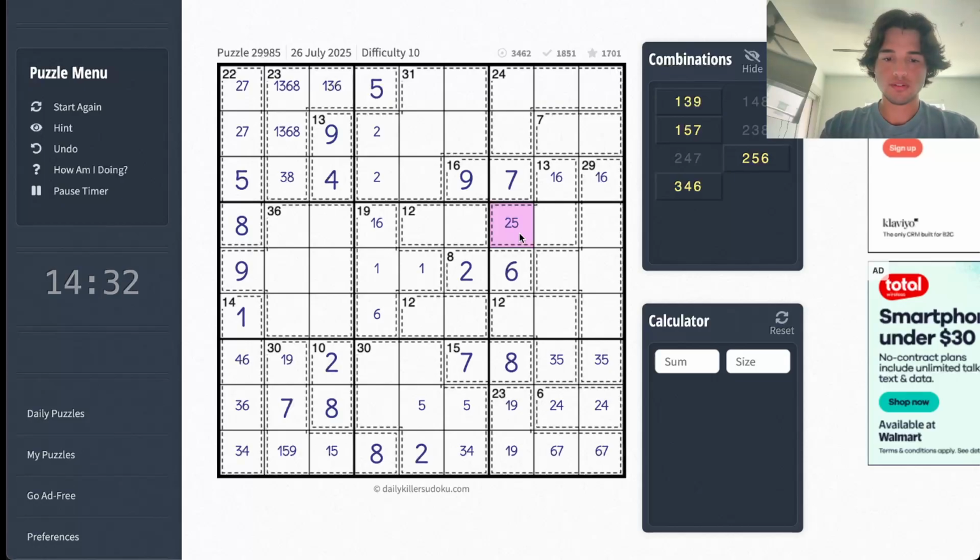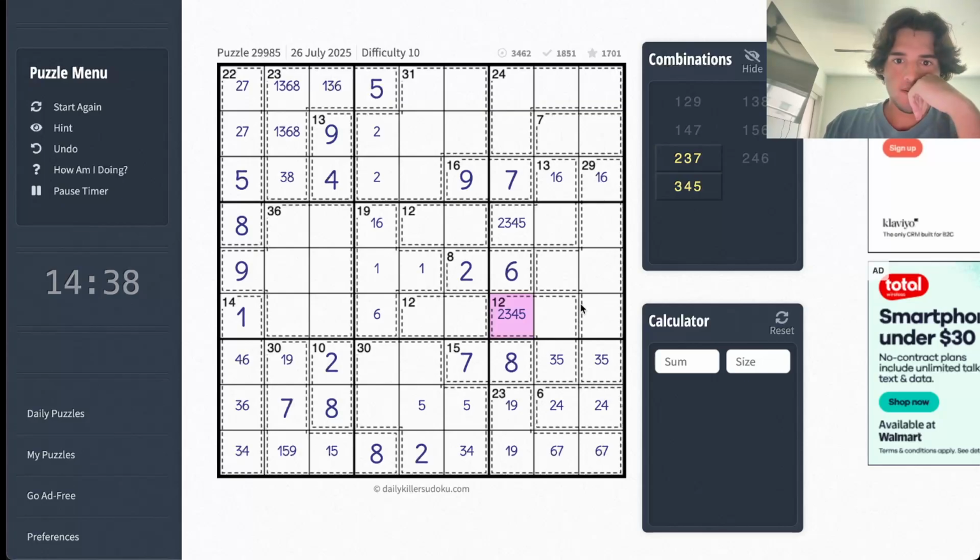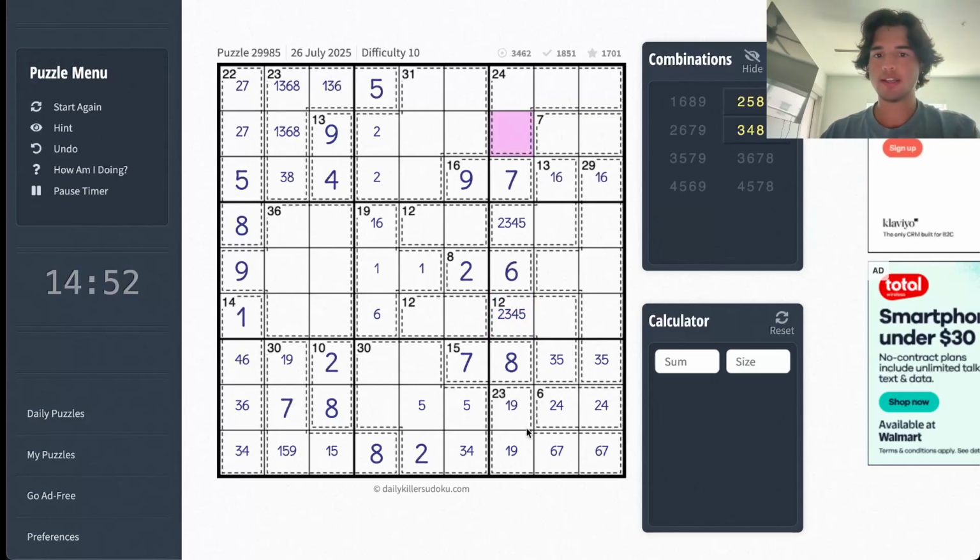So this is either 2, 5, or 3, 4. And now, where does our 9 have to go in this cage, which is placed there? That's still unhelpful.